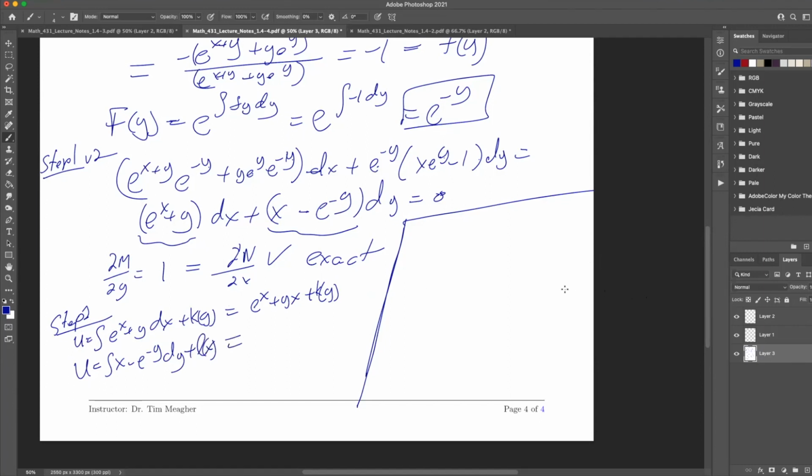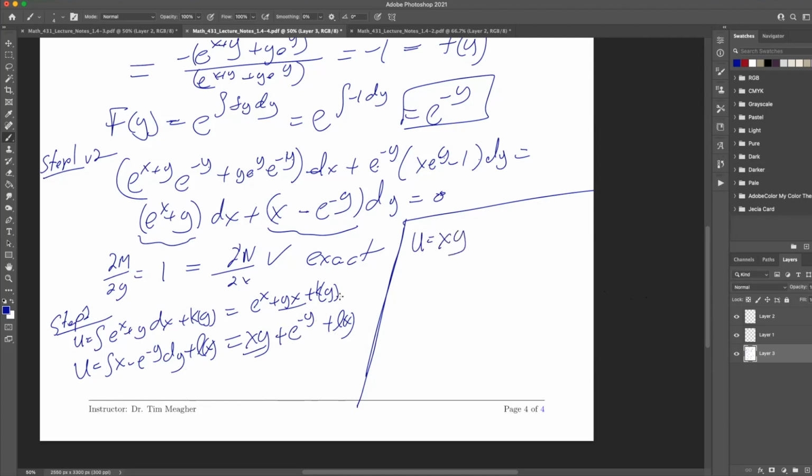Now, when I crunch this through, I get xy plus e to the minus y. I got to anti-differentiate. Plus some function of x. All right, so yx and yx is in both, so we're going to write that one here. We're going to say u is equal to yx.